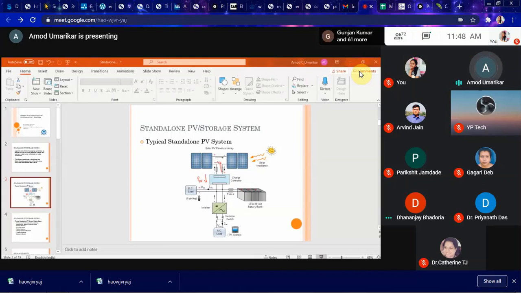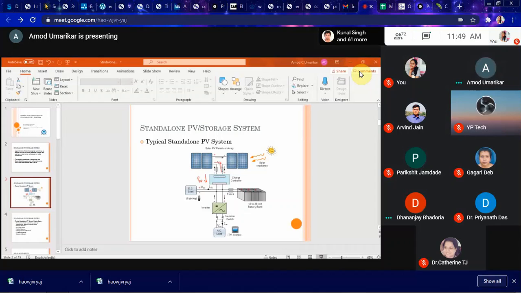Then, what is the consumption for which we have to design the system, and what are the essential electrical loads? So first we have to study whether the solar PV power is available, whether the electrical consumption is there properly, what are the types of electrical consumption, and what are the essential electrical loads.